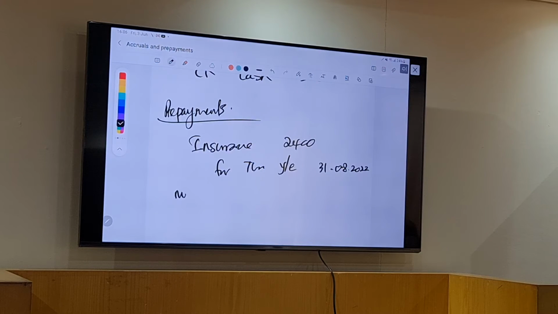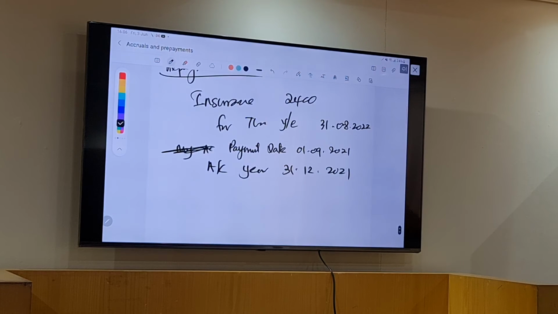But this payment happened on payment date 1st September 2021. My accounting year ends 31st December 2021. Now, can you do the calculations?